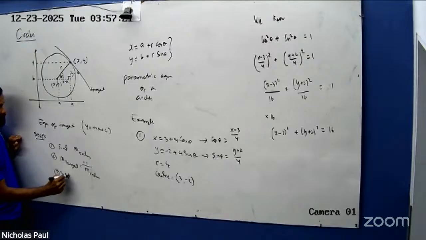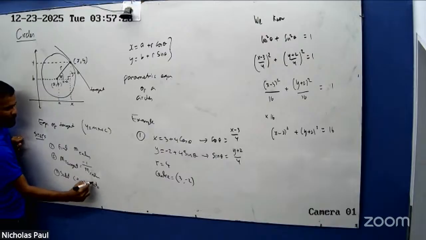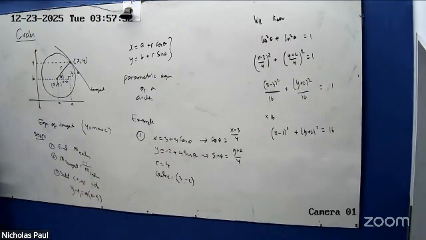And then you substitute x and y into y minus y1 is equal to m times x minus x1. All right? So I'll just give you back the Form 5, I just find the equation of a tangent.